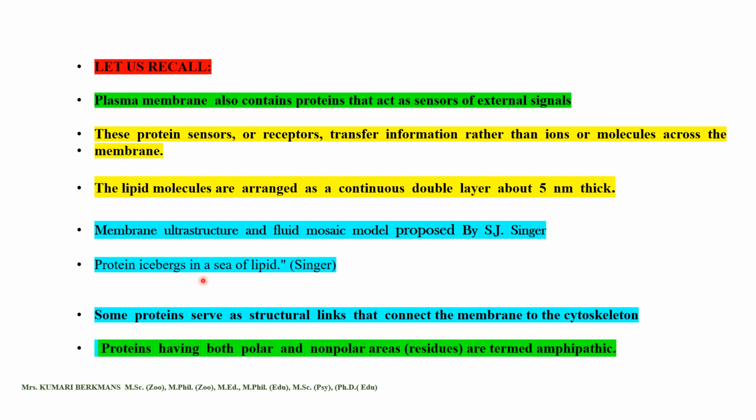Protein icebergs in a sea of lipid: this quotation is given by Singer. Some proteins serve as structural links that connect the membrane to the cytoskeleton. Proteins having both polar and nonpolar areas are termed amphipathic.